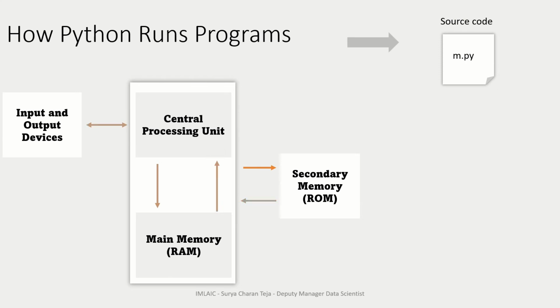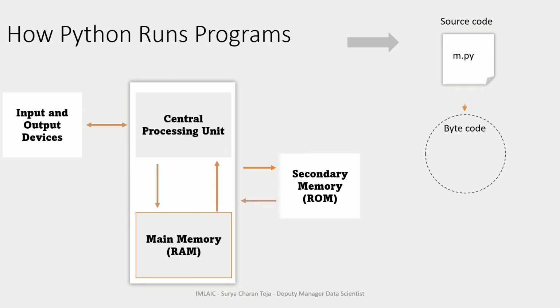If it is the interactive shell and you give x = 10, this assignment will be saved in your random access memory, that's the main memory. Once you execute it, the execution is done by the CPU, central processing unit, that's your processor.